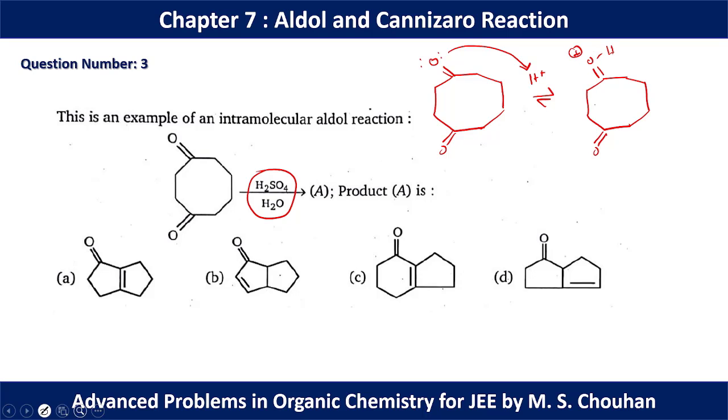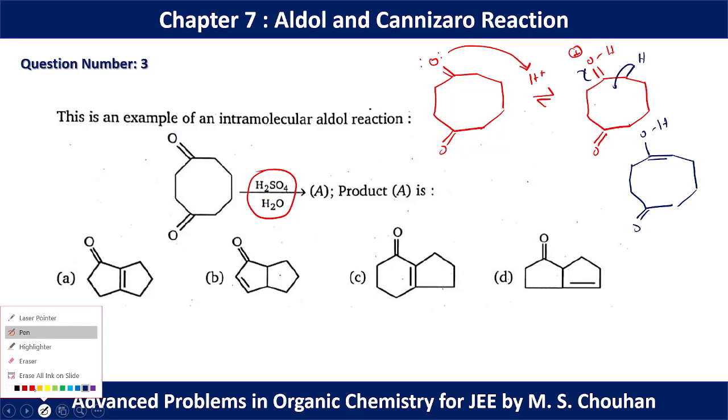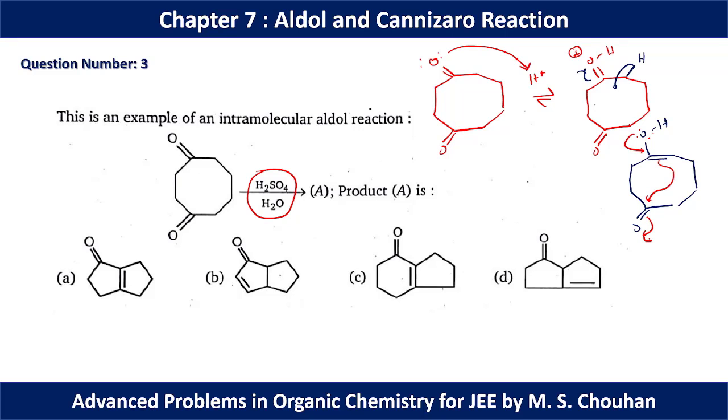Okay, now this hydrogen will cleave to form this kind of intermediate. Okay, now in the next step this OH minus will come, this pi bond will come here and we will have 2 fused 5-member rings.